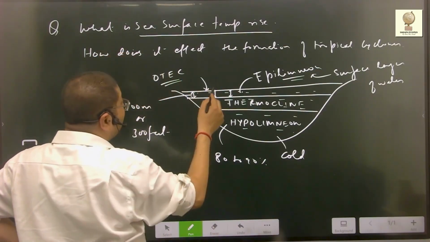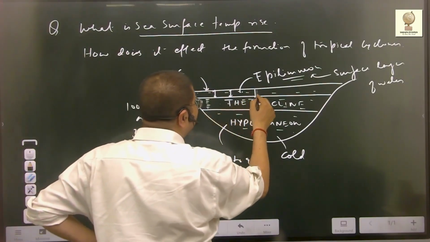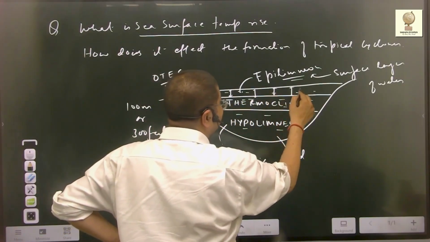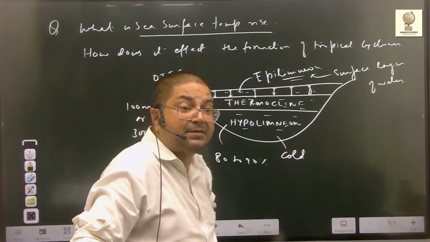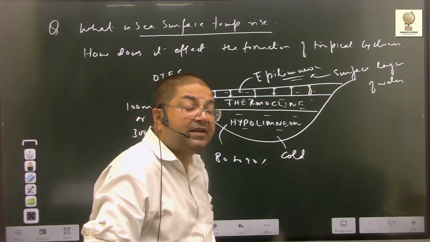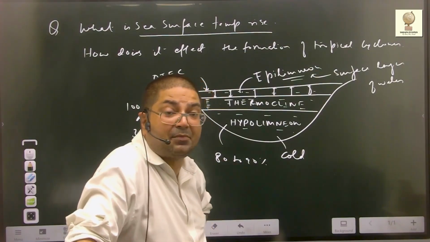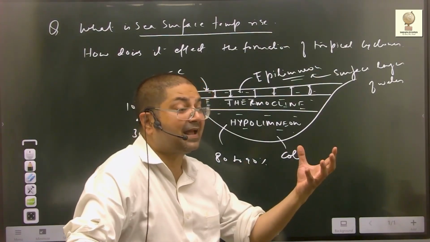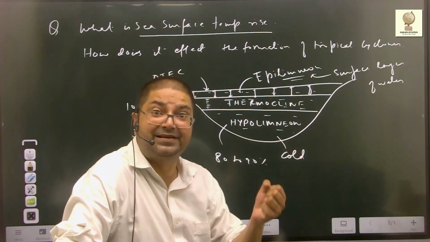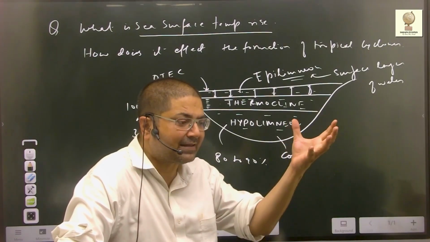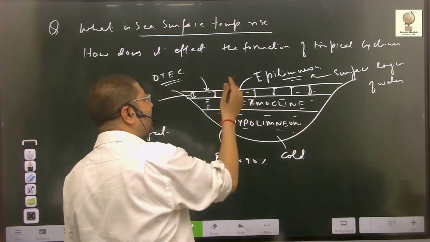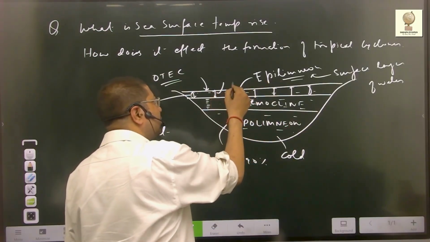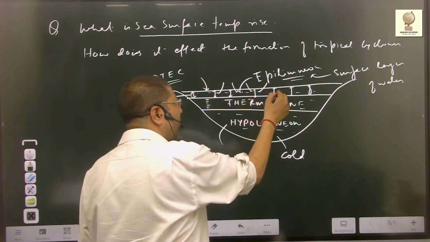So what are the causes? Why does the sea surface temperature rise? Here, the most important cause is burning of fossil fuels, which is leading to release of greenhouse gases in the atmosphere. These greenhouse gases have huge potential to absorb heat, and 90% of this heat, after being absorbed, is dissolved or absorbed by the surface water.